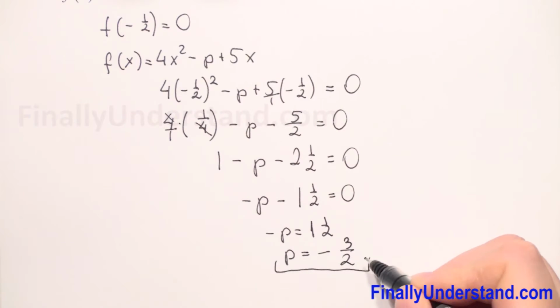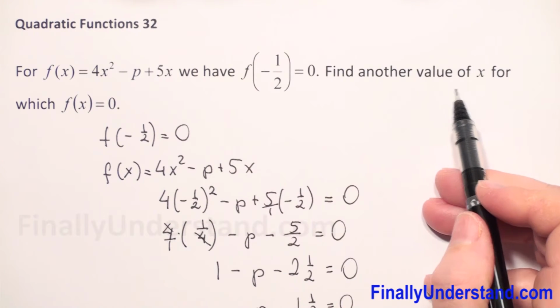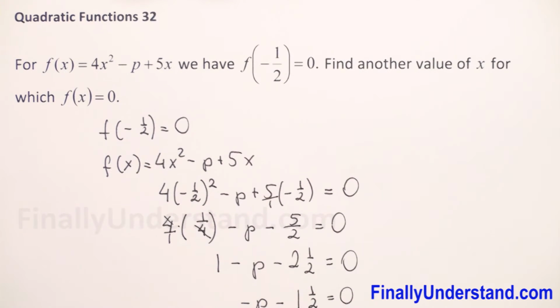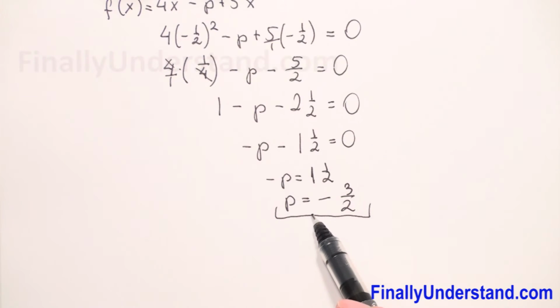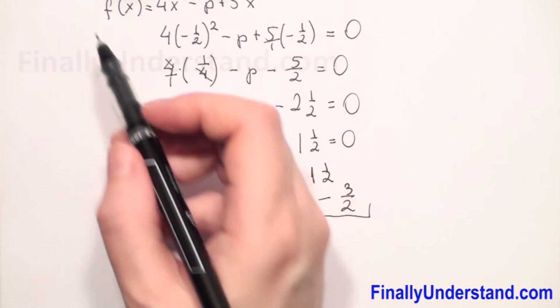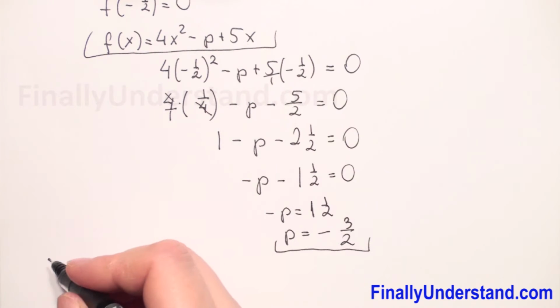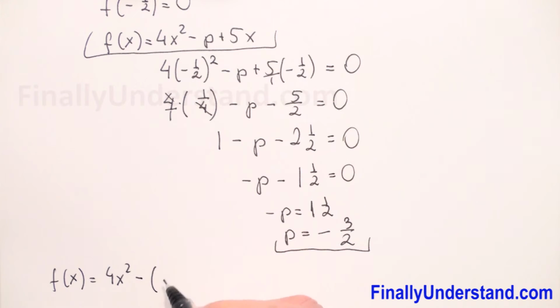So we calculated p. Now we have to find another value of x for which f(x) equals 0. First let's rewrite our function. We will substitute p by negative 3 over 2, and our function will have the form f(x) equal to 4x², we have a negative sign, and in parentheses will be negative 3 over 2 plus 5x.